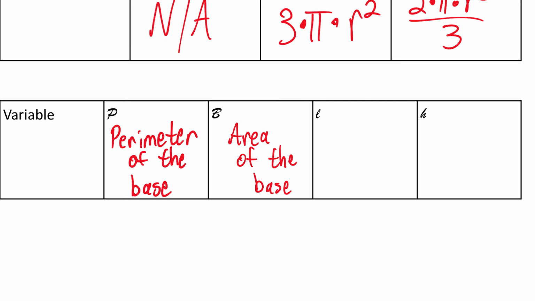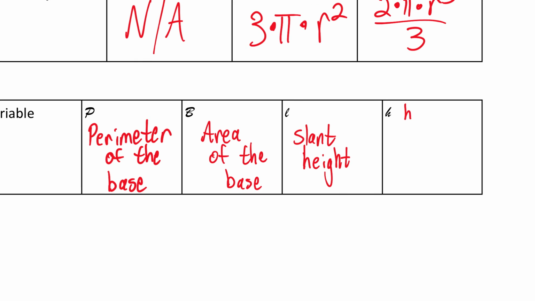What does the L stand for? Slant height. Okay, H stands for height. But especially when we're working on prisms, we always add in that the height is the distance between the bases.